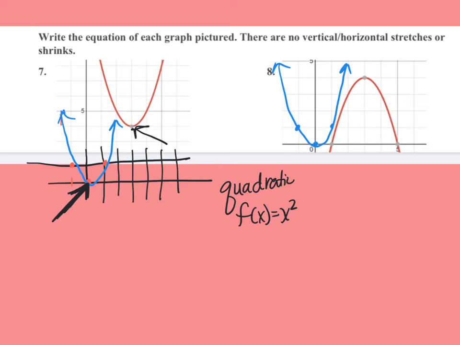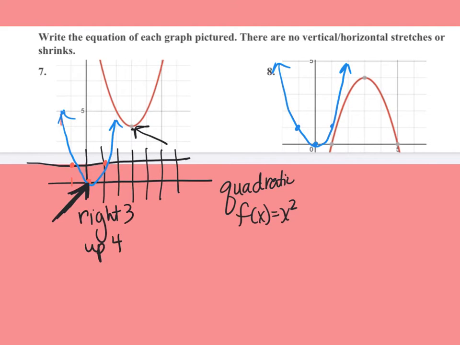So to go from the minimum value of the blue function, I count 1, 2, 3 to the right and up 1, 2, 3, 4. 3 right, up 4.